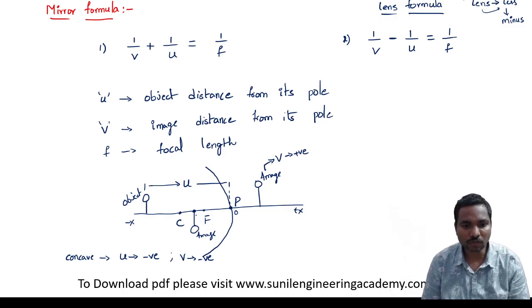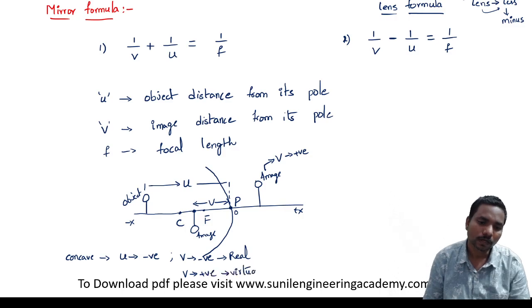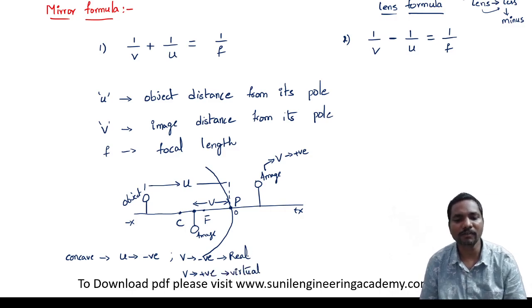The image distance from its pole, if formed in the negative x-axis, is also negative. If it is in the virtual axis, that is the plus x-axis, then V is positive. So V negative means it is in the real axis, and V positive means it is the virtual axis. And I have already given in the previous session: all real images will be inverted, all virtual images will be erect.